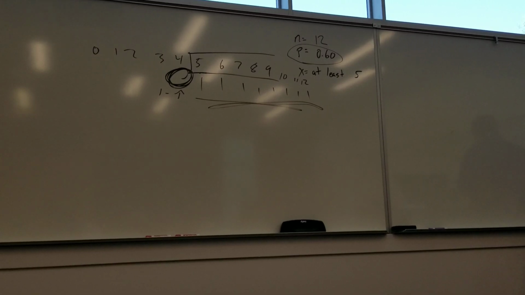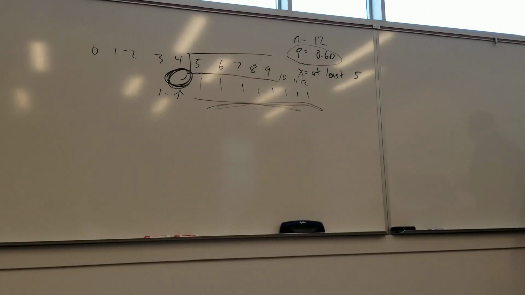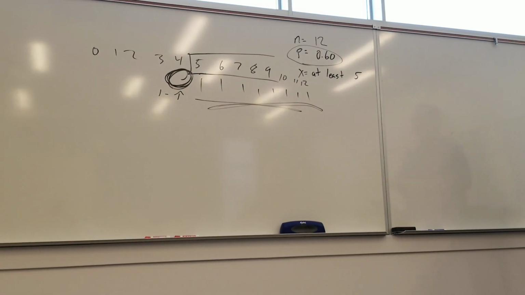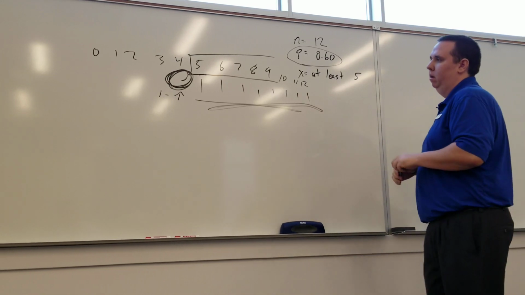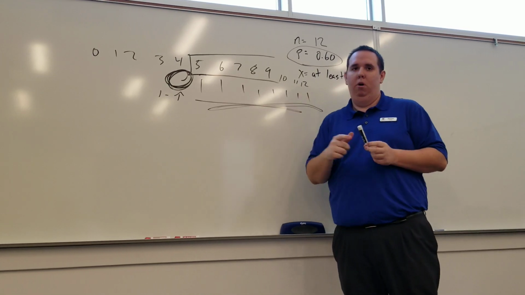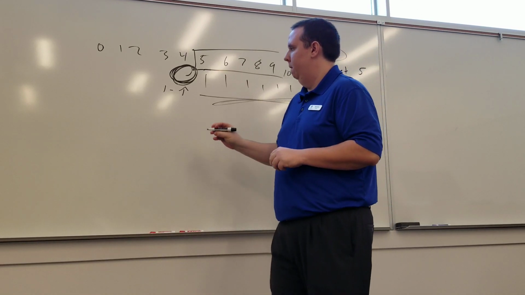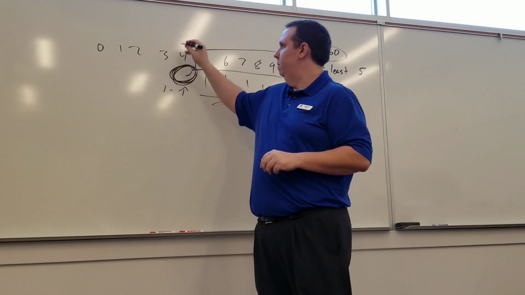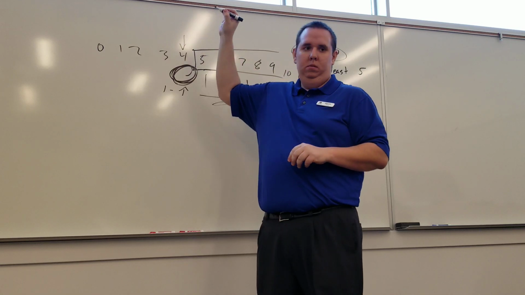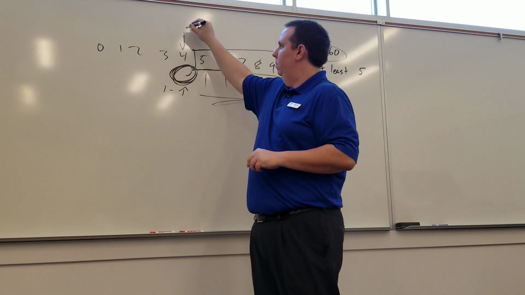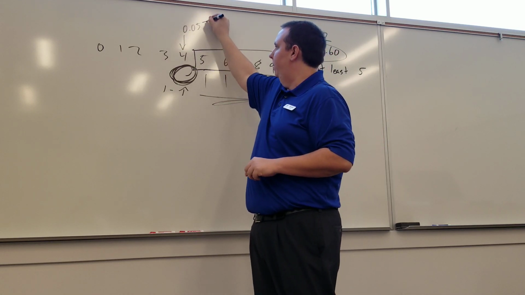So when we look up the probability in our cumulative table at 4, what do we get? 0.0573.